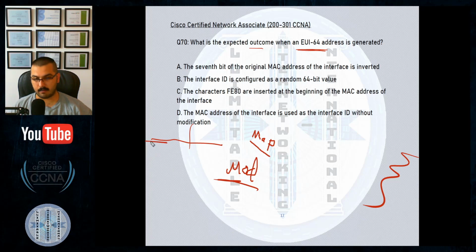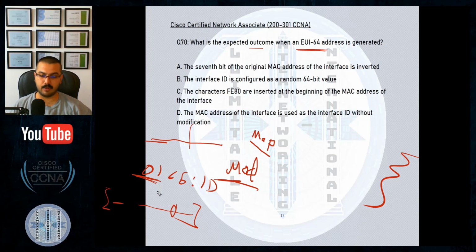Take the first half, let's say 01CE:1D, take the first two digits and convert them to binary. They will give you 8 bits. Go to the 7th bit. If it was 0, convert it to 1. If it was 1, convert it to 0. Then reconvert it back to hexadecimal.